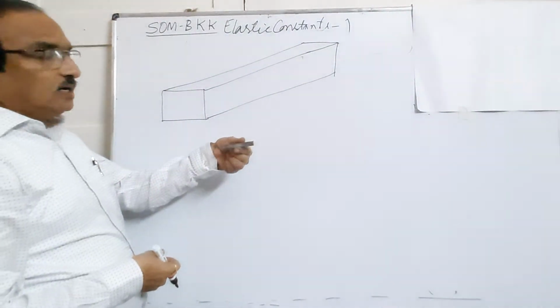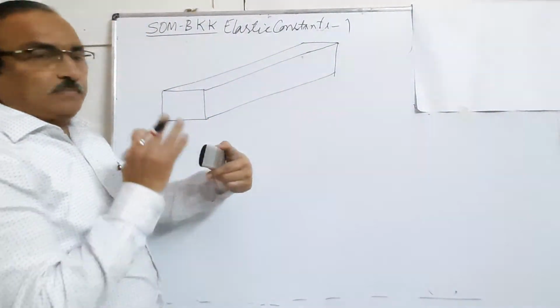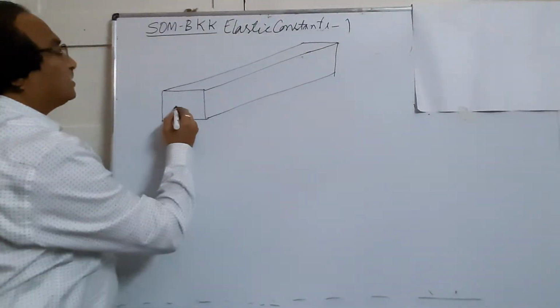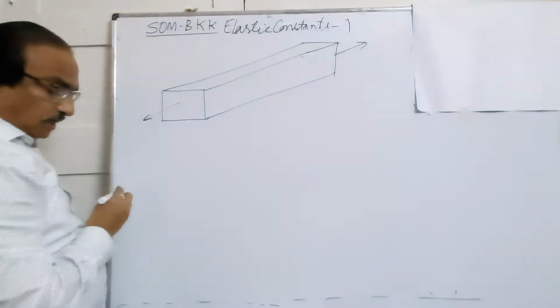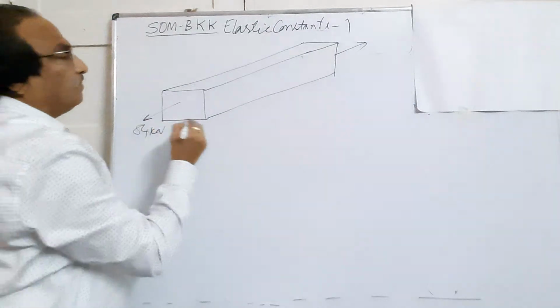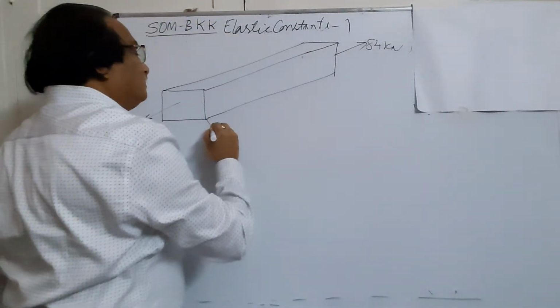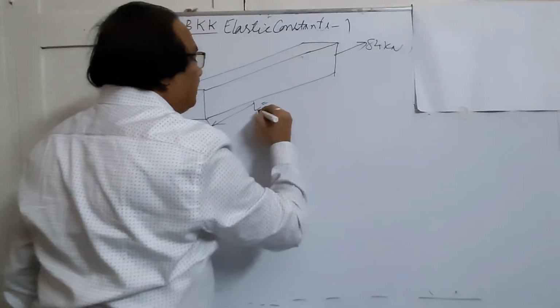You can take a rectangle or a square. This is a rectangular cross section. I have taken a bar like this. So this bar is subjected to a tensile force of 84 kilonewton. So the length of the bar is given as 300 mm.